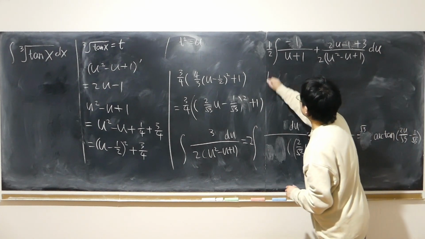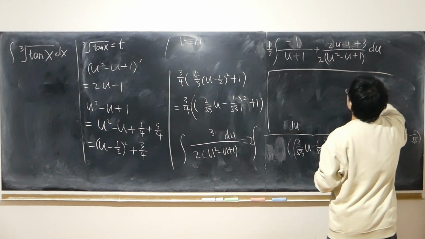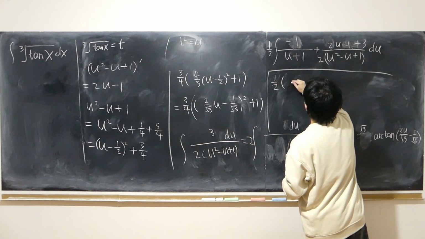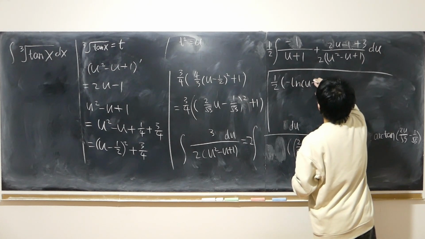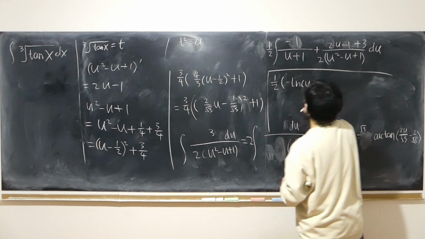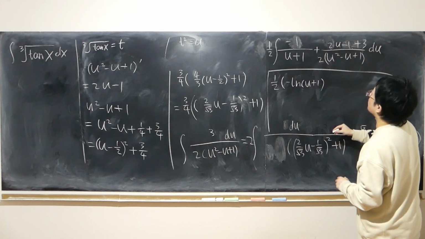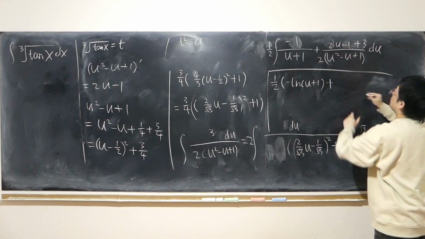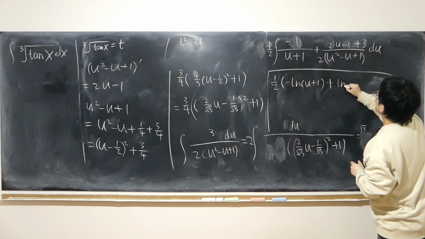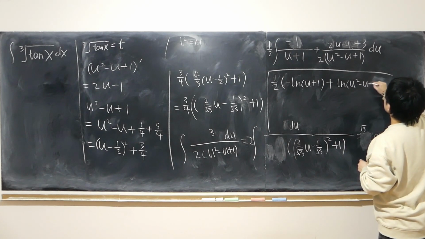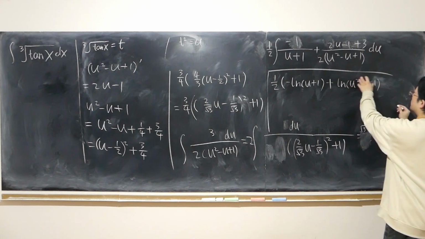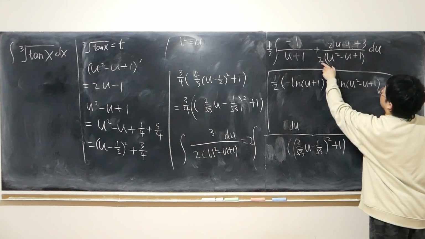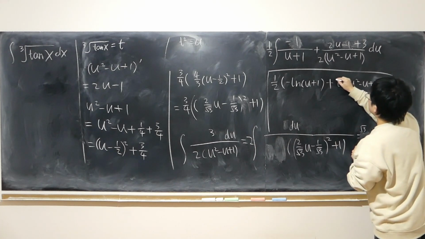First, I have to work out this bit. So 1/2 times the integral, negative log of u plus 1. u is t squared, so t squared plus 1 is always positive, so this is no problem. And plus, the first bit is easily log of u squared minus u plus 1. Differentiating this automatically gives me that, multiplied by this constant, so 1 over 2.